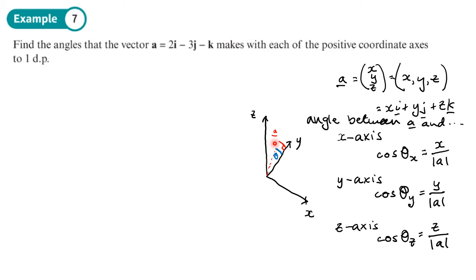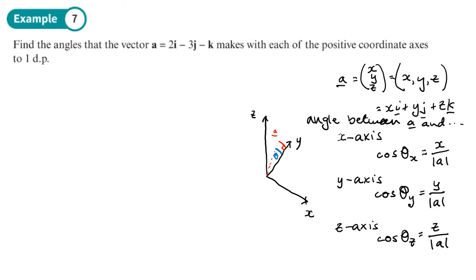The length of A is the hypotenuse of the triangle, and the adjacent is the y value. So that y value divided by the length of A will give you the cosine of the angle. Because you're finding the cosine of the angle, you just need to make sure that you do the cos inverse or arc cos of whatever answer you get.